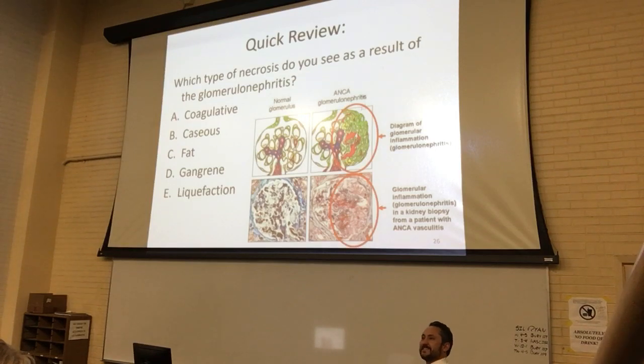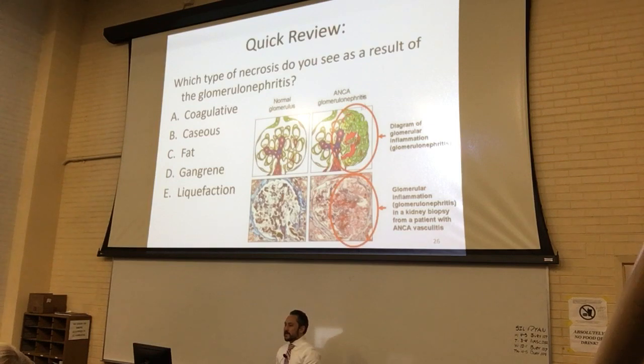In the kidney. So what do you think is happening with a glomerulonephritis that's shown in these pictures? It's a necrosis, so is it coagulative, caseous, fat, gangrenous, or liquefaction?